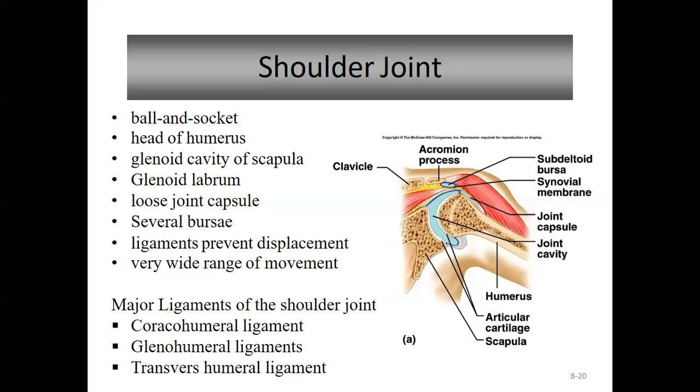And look up the word laxity, that ligament laxity, so that it cannot keep those bones together in that joint as regularly. This ball and socket joint allows for a very wide range of movements. That's why your shoulder joint can be moved in so many different directions.